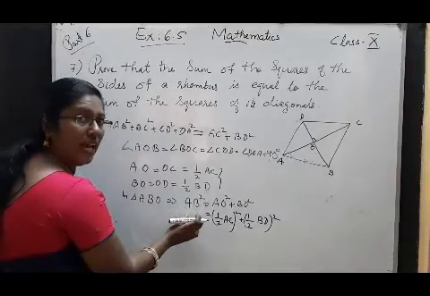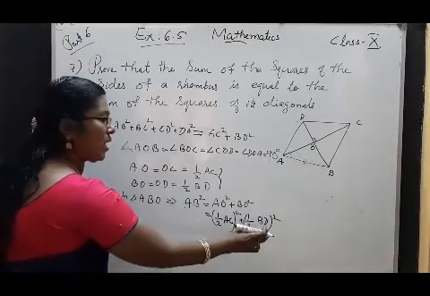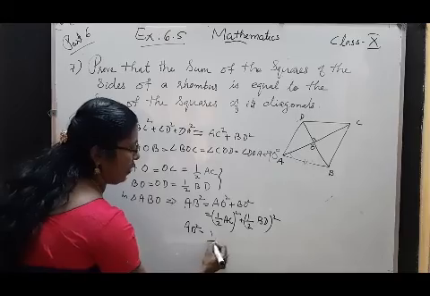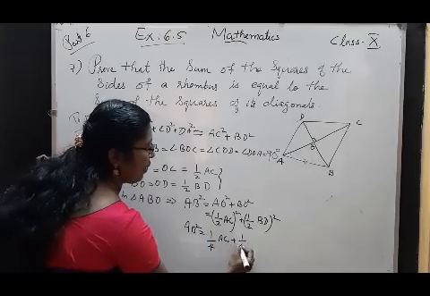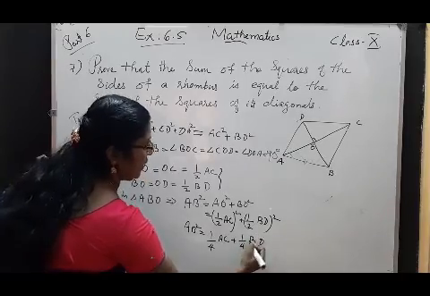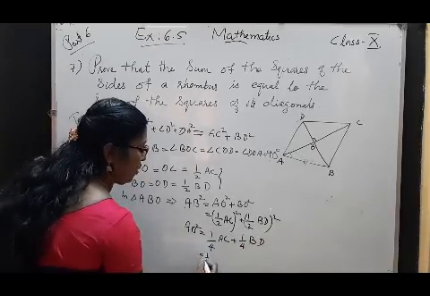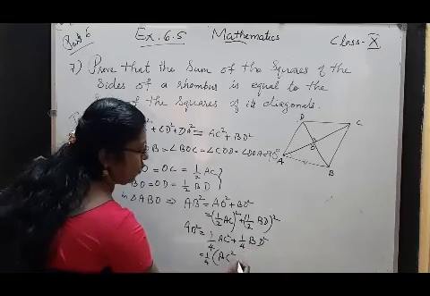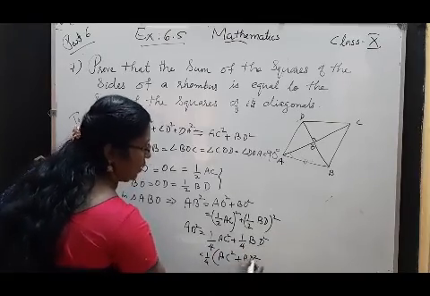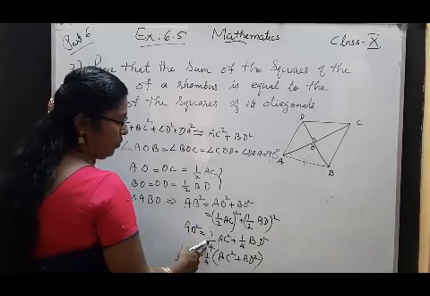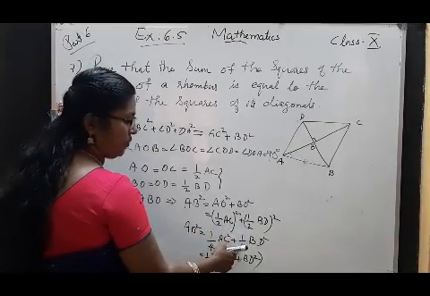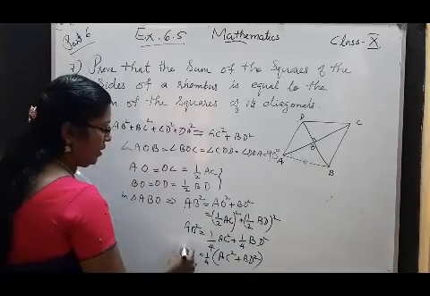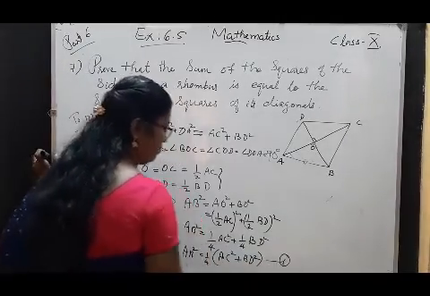So AB square, one of the side squares, equals half of AC square plus half of BD square, which is 1 by 4 of AC square plus 1 by 4 of BD square. Then take 1 by 4 common outside: AB square equals 1 by 4 of AC square plus BD square. This is equation number 1.